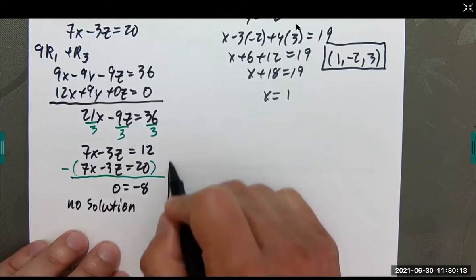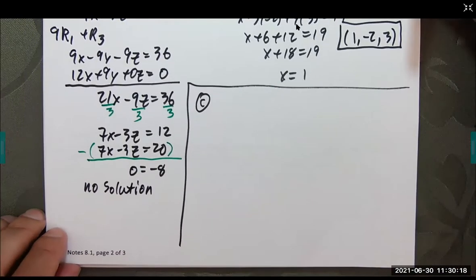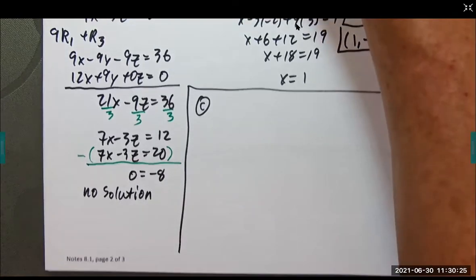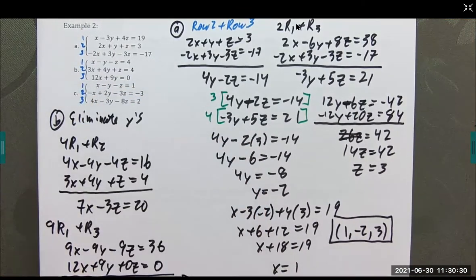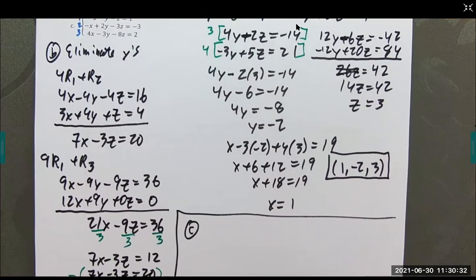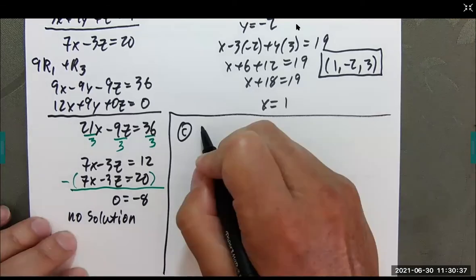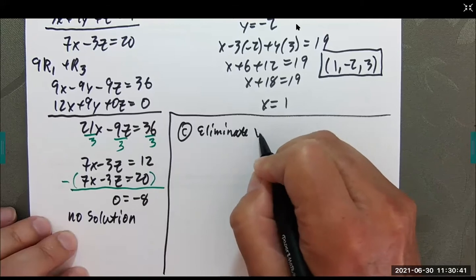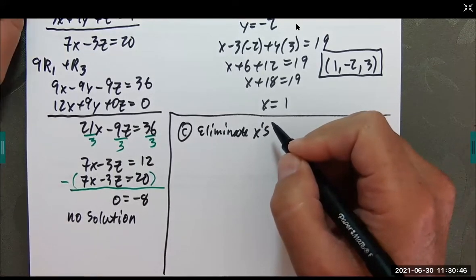All right, let's sneak C here. So for C, again, I'm going to label these row 1, 2, and 3. And I'm going to eliminate the x's, we'll say. Let's do the y's again.